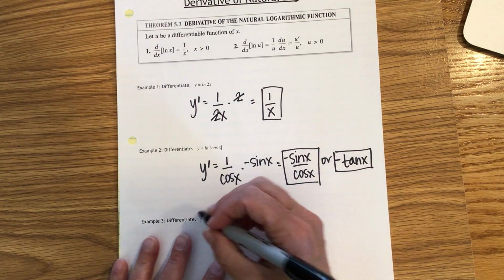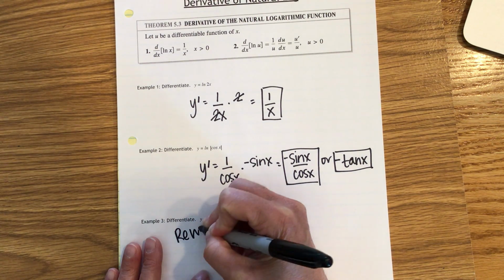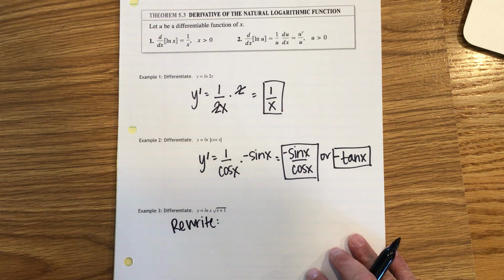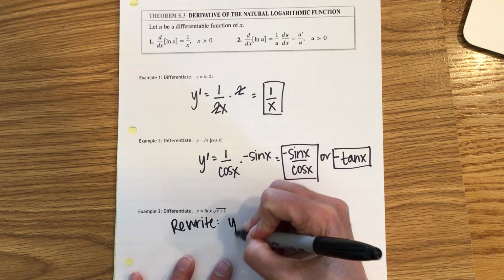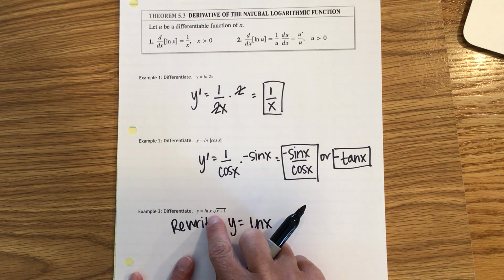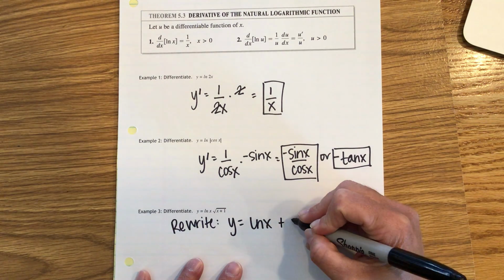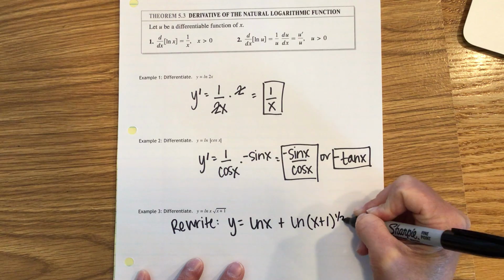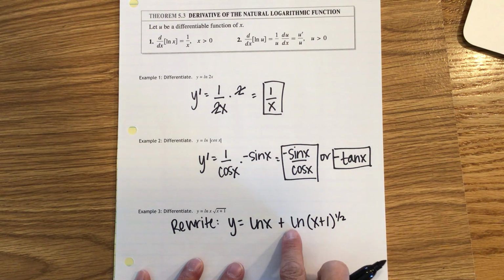So I'm going to recommend that before you do a problem like this, you use your properties of logarithms, which we practiced earlier in this section, to rewrite the function first. So I'm going to say x times square root of x plus 1. I'm going to separate into 2 logs separated by a plus.